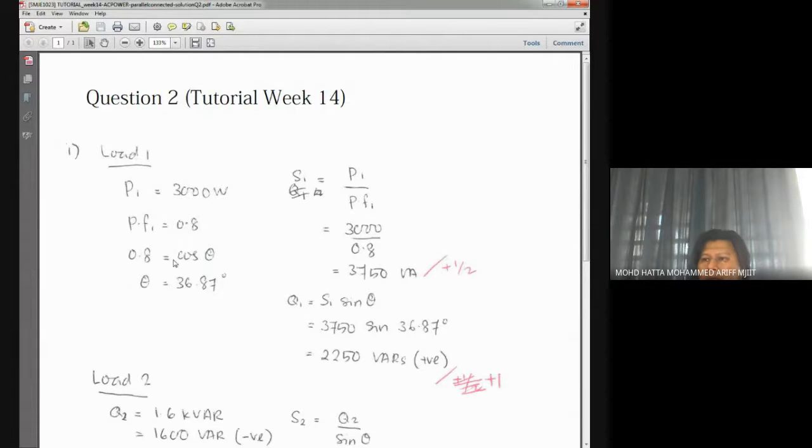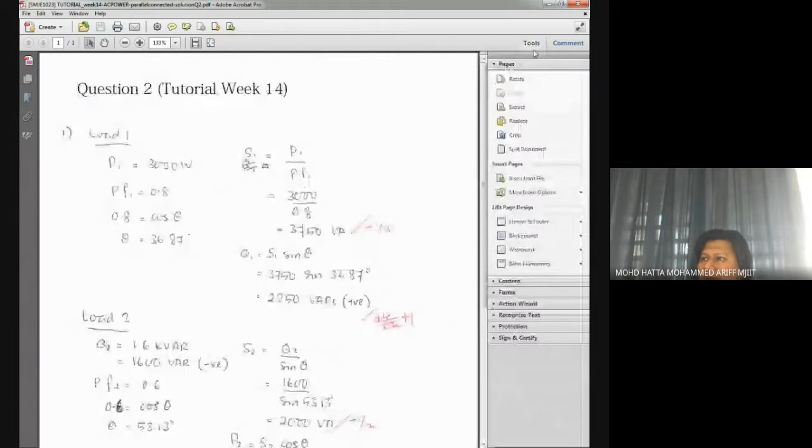Bear in mind that this power factor is a lagging power factor, so that's why we have theta, which is a positive value. And from load 1, we can easily calculate the value of our apparent power.